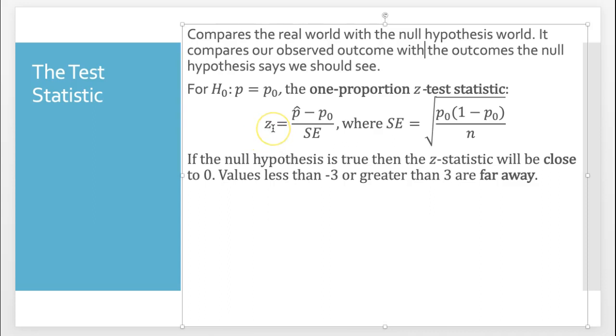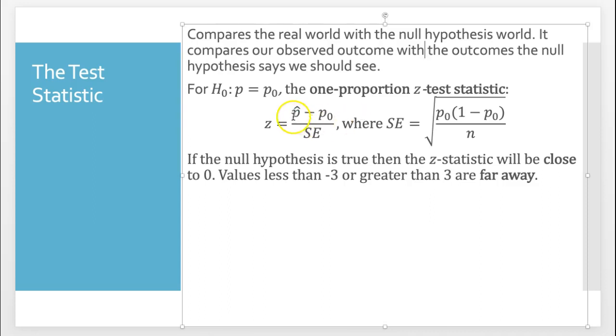So really it's a Z score that we use for normal distribution, but it has more meaning here. Here we compare our real world sample proportion with the null hypothesis world, the population proportion according to the null hypothesis. So we say, is there a difference? What's the difference between these two? There is a difference, but is it significant or not?